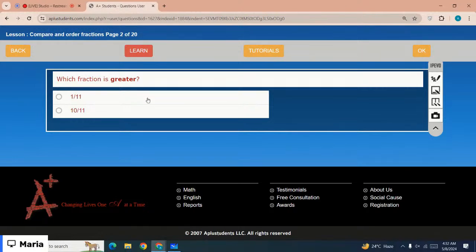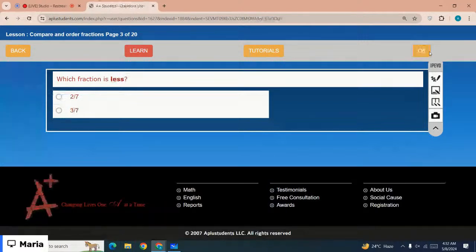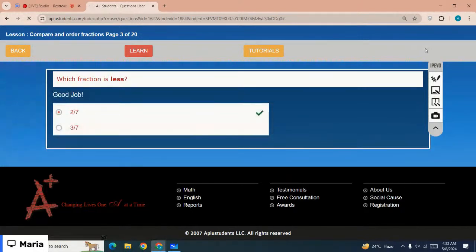Very good, that is 10 over 11. Which fraction is less? 2 out of 7. Very good. Which fraction is greater?